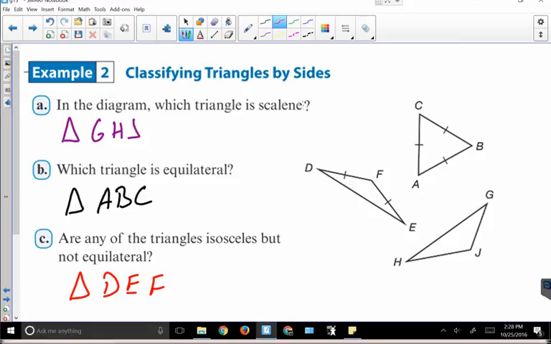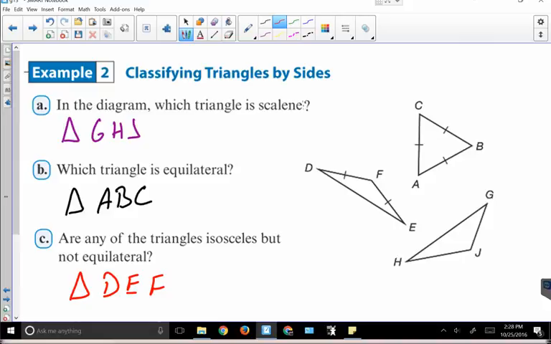So if I'm looking at triangle ABC, are two sides the same? So does that mean it has to be isosceles? So if I got a triangle and I got two sides the same, it doesn't mean it's isosceles? Yeah, triangle ABC, is triangle ABC isosceles.